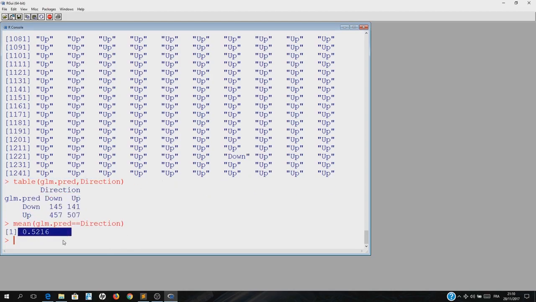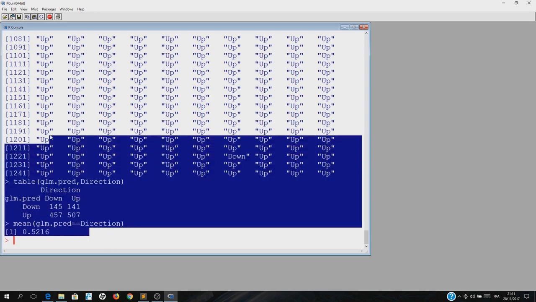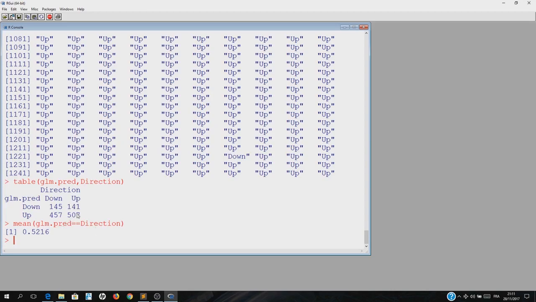So this is the accuracy, the training accuracy of our model, 52.16%. That's the optimistic accuracy because we said that training accuracy is usually optimistic. You can feel how really hard it is to predict the stock market, and that's why it's a really huge market for AI researchers to work on.